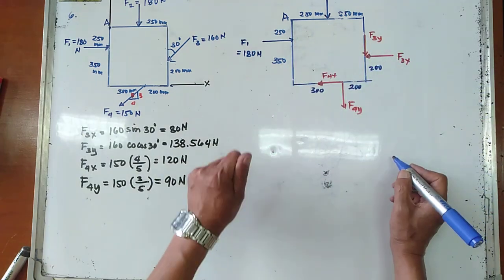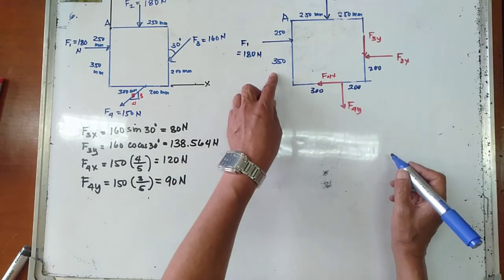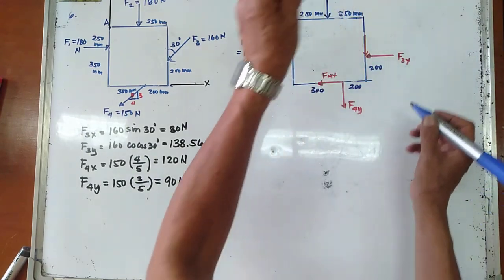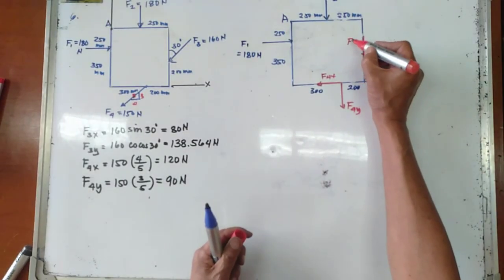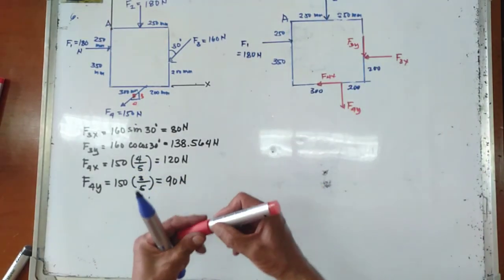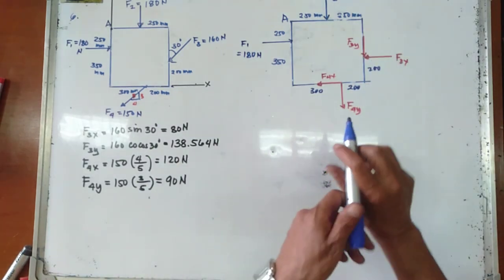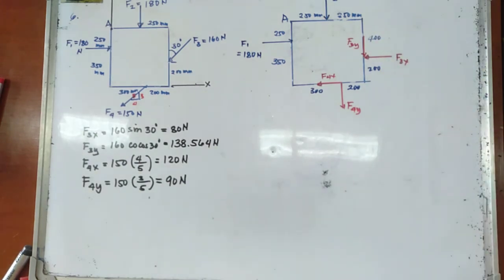So I have 250 plus 350 is 600. Hence, this distance in here, where I'm going to place F3y, is equal to 400 mm.